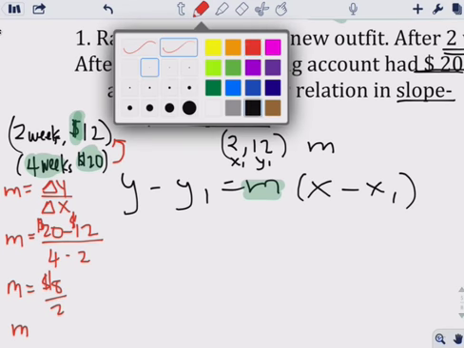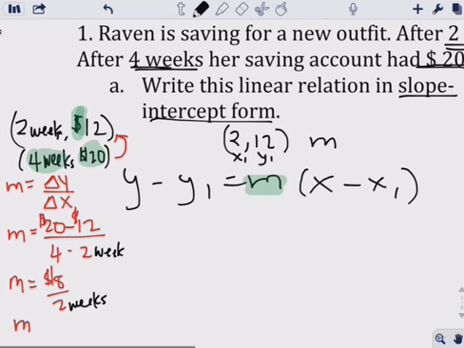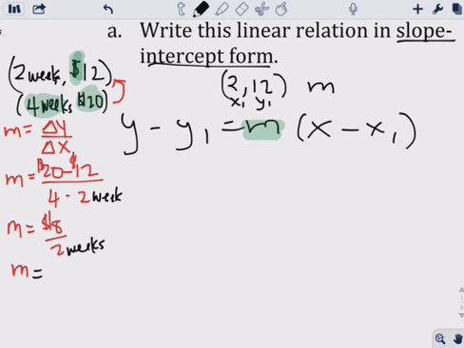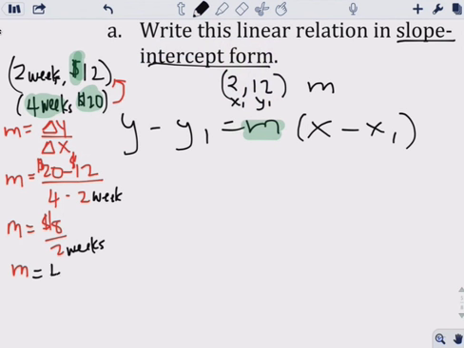And the bottom one here are weeks. This is from 4 weeks and then it reduced to 2 weeks. That's a difference of 2 weeks. This can be reduced to 4 over 1, $4 for 1 week, or just 4.